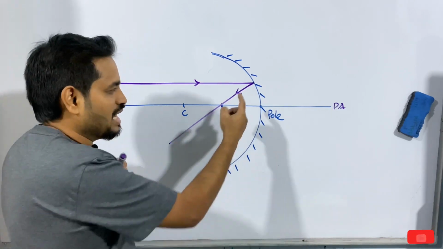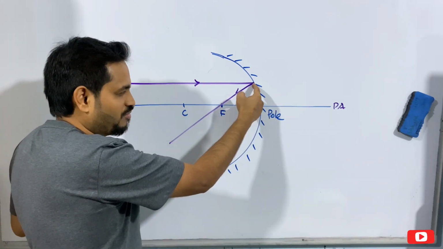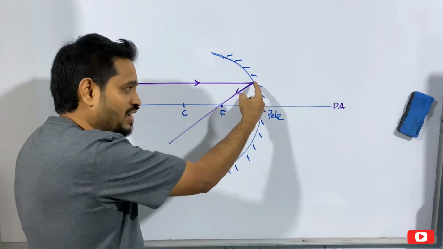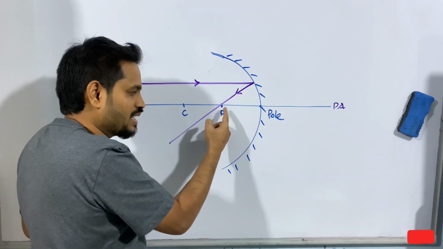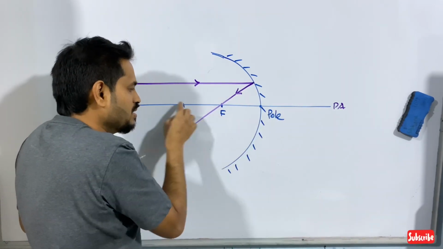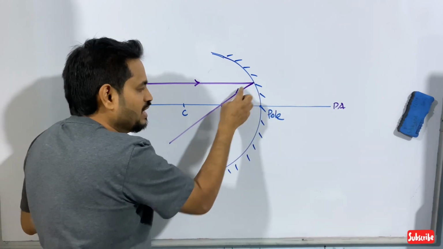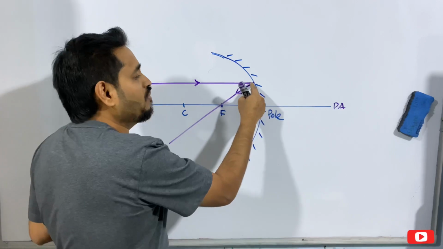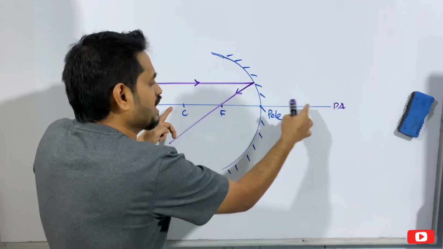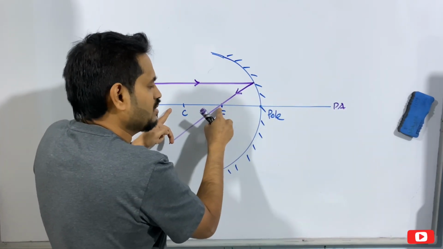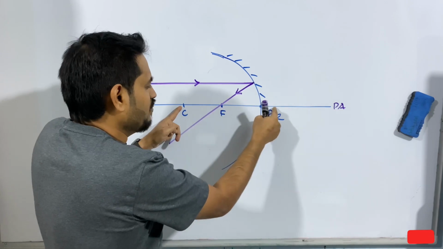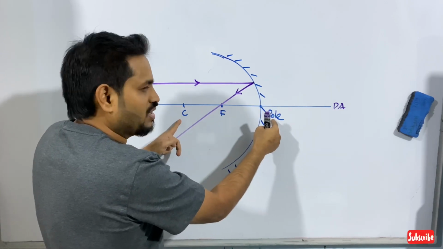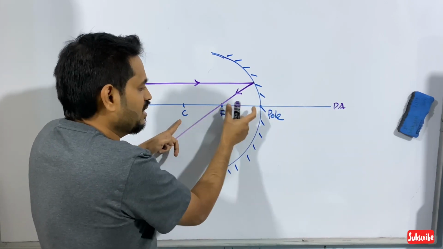The reflected ray means from this tip of my finger till here, and the reflected ray cuts the principal axis. While it is passing, it cuts the principal axis at this particular point. So the reflected ray cuts the principal axis at a point exactly halfway between the pole and center of curvature. Am I right? This is exactly halfway.